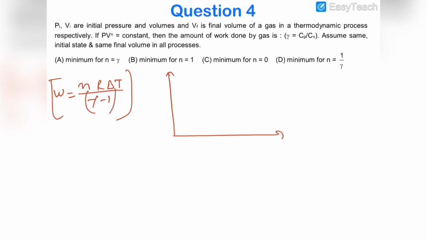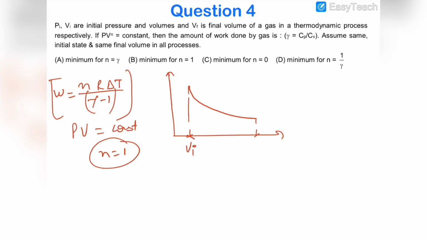We know that if PV is constant, which means n is 1, then it is an isothermal process, and in an isothermal process the graph would be like that. This is V initial and this is V final. Okay, and if n is equal to gamma, so it is PV to the power gamma is equal to constant, so it is an adiabatic process, so the graph would be like that.